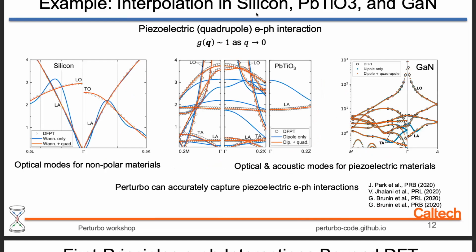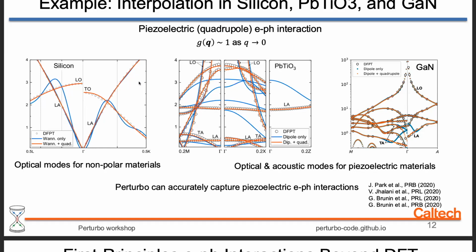And then for the quadrupole part, here you have the coupling going to some constant factor as Q goes to zero. You can see that if you don't include it, your coupling is off by some constant factor near gamma. Away from gamma, the short range part accurately treats the coupling, and then it goes to some wrong value at gamma.